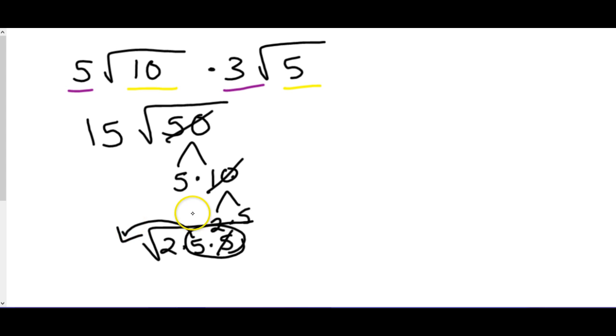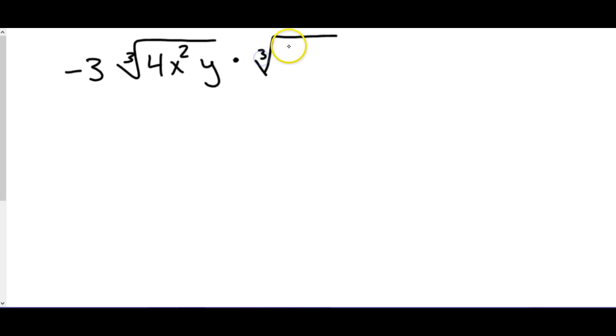It's like you're doing the square root of 25, because 5 times 5 is 25, and the square root of 25 is 5. I usually remember it as get rid of 1, take 1 outside. There's already a 15 out there, so it's going to have to multiply by the 15 that's already out there. 15 times 5 is 75, so we would get 75 square root 2. We moved this 5 to the outside, so it's not in there anymore, and one of the 5's canceled.